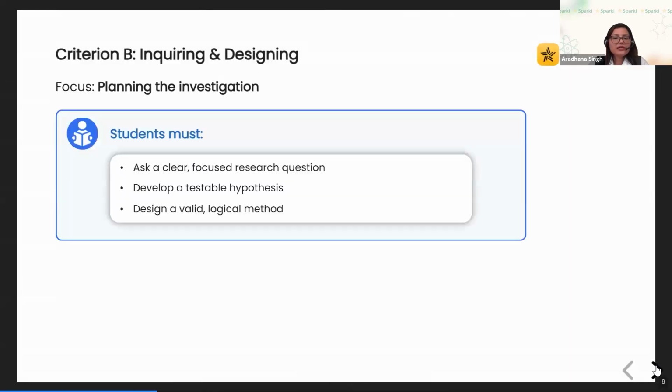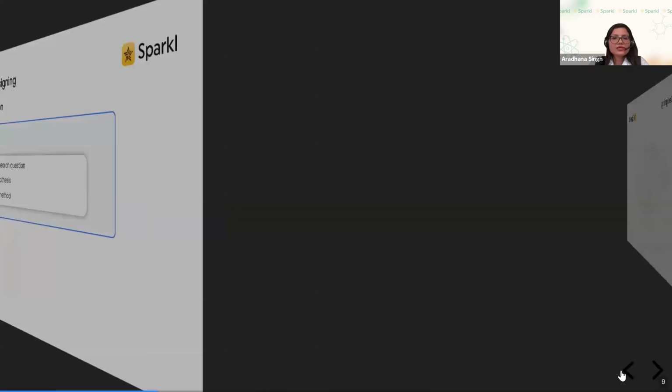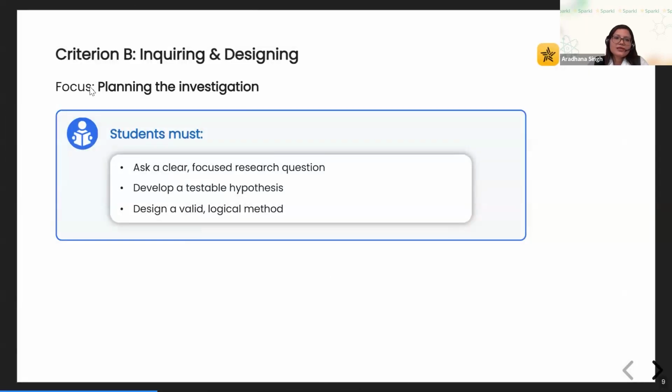Now come to criteria B. So planning and investigation. The question will be asking for a focused research question, a clear and focused research question. What specific two things are required while you're writing a research question?